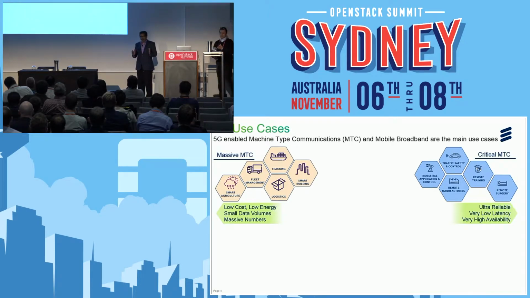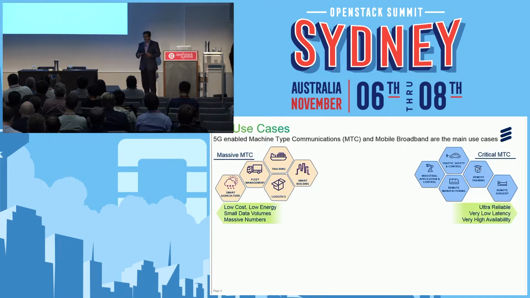That's one extreme, where you need to be closer to the edge. On the other side are the critical MTCs, which are reliable, require low latency, and have to be available all the time. So both ends of the spectrum require these functions to be placed at the edge.